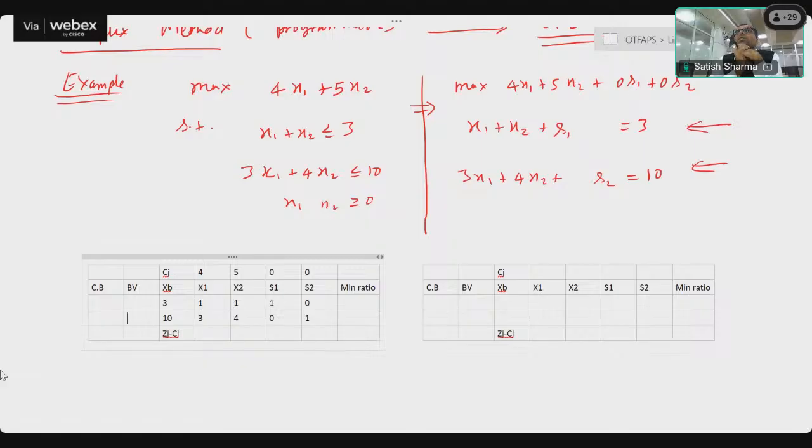So the ranks are different. With only two conditions, we cannot solve four variables. So whenever there are equations or constraints where variables are more and constraints are fewer, you can only solve for the number of variables equal to the number of constraints.